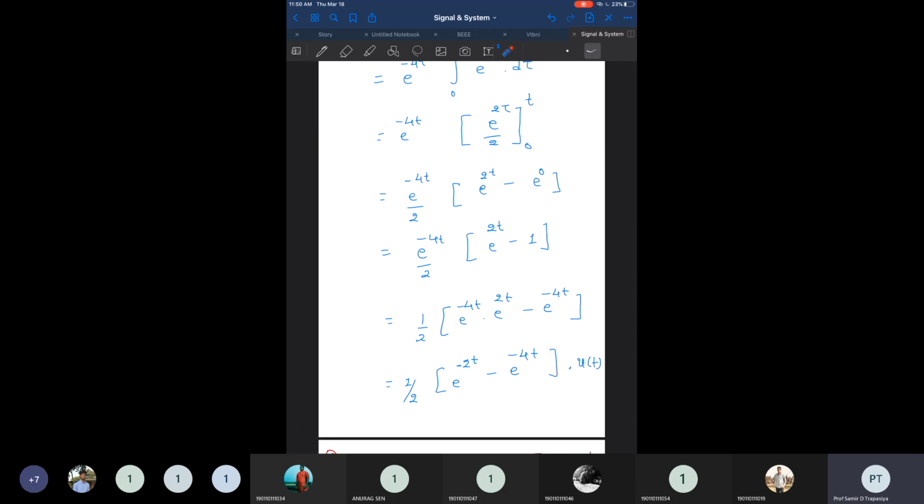Then finally, after some calculations, it comes out to e raised to 2t, and applying e raised to minus 4t inside, it turns out to e raised to minus 2t minus e raised to minus 4t, multiplied by 1/2 into u of t. u of t indicates that this signal is starting from 0.